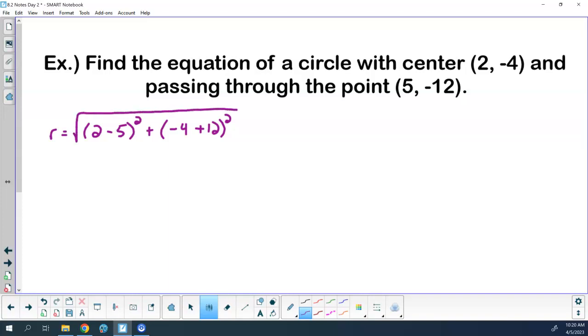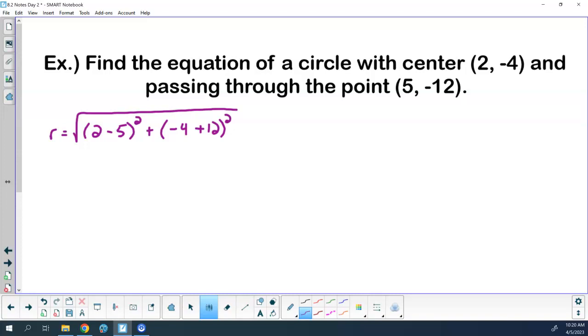Now, you could have also had 5 minus 2 and negative 12 minus negative 4. Doesn't matter which order you were in as long as you stay in the same order. Understand what I'm saying? And you'll get the same answer.